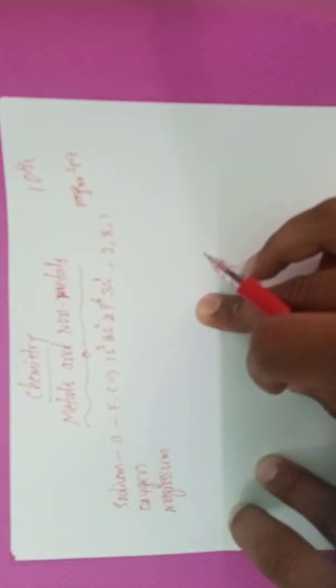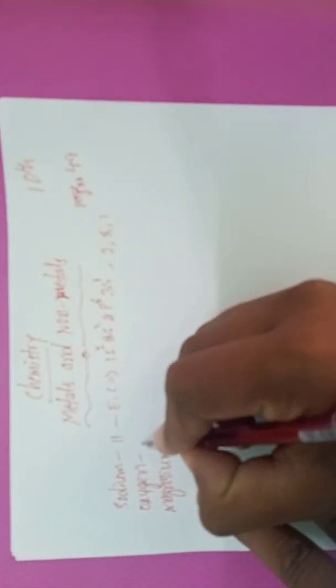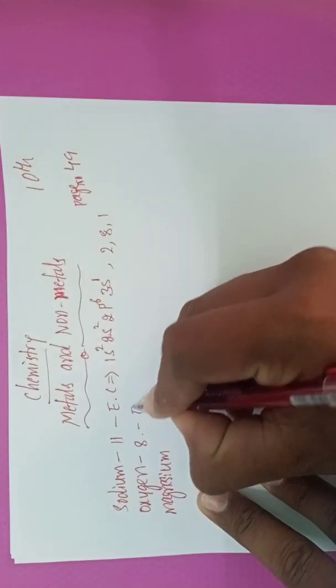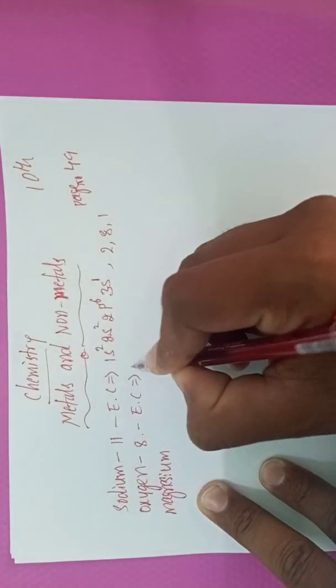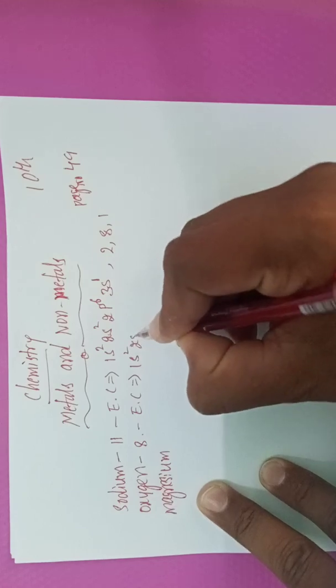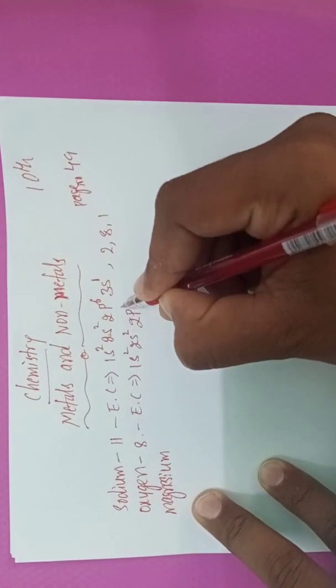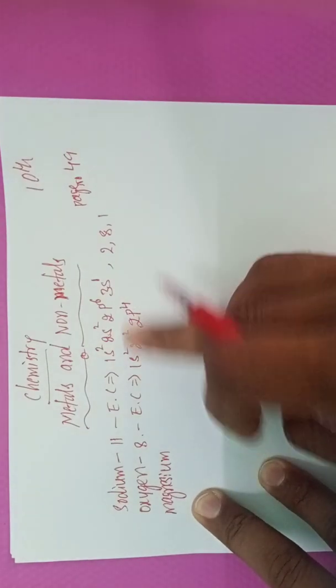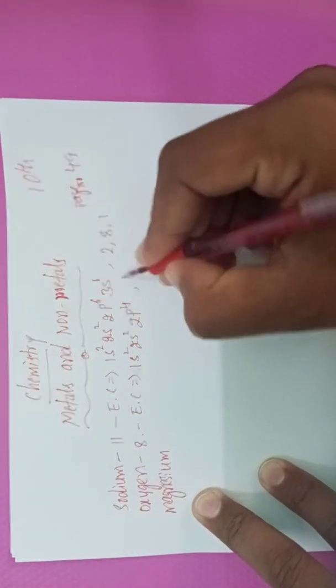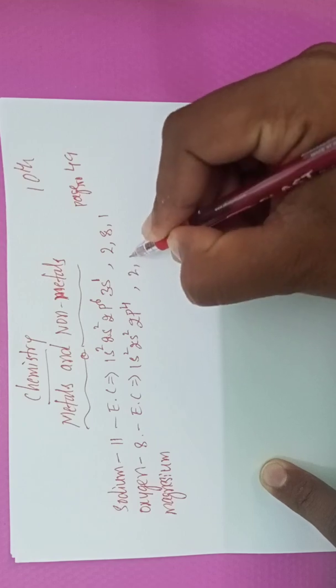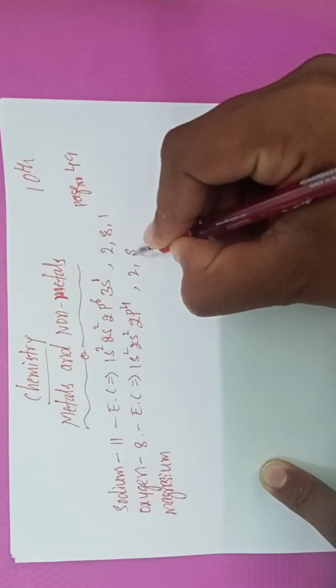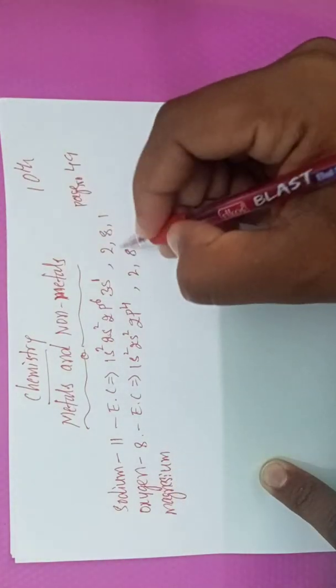In the same way, oxygen atomic number is 8. The electronic configuration of oxygen is 1s2, 2s2, 2p4. That is 4 plus 4, 8. Simply we can write it as 2, 6.